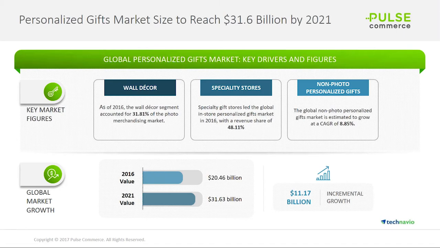For example, mass merchandisers like Walmart and Target and pharmacy chains like CVS and Walgreens have equipped their stores with dry mini labs, which provide on-site personalized photo gifts, as you may have ordered or taken advantage of.